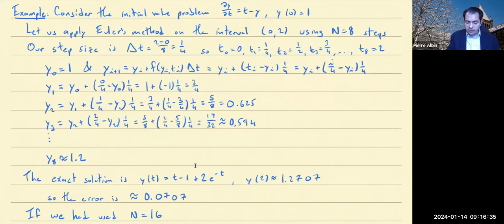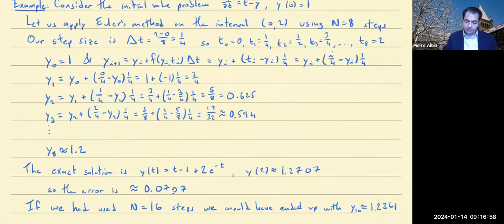If we had used more steps, or equivalently a smaller step size, say n = 16 steps, we would have ended up with y16 approximately 1.2361.